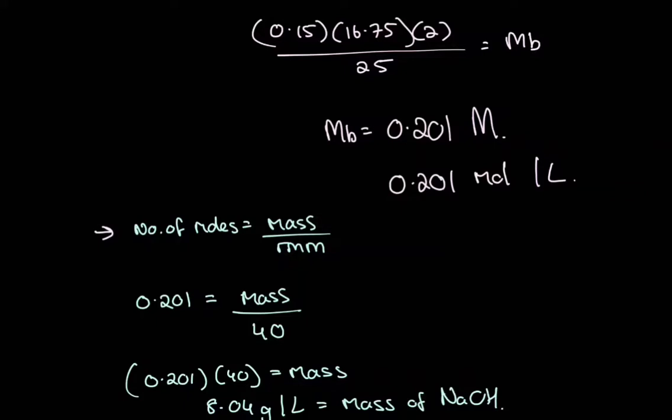So what I'm going to do is take that 8.04 and divide it by 4 to see how many grams I would have in 250 centimetres cubed only. And I'll get 2.01 grams into 250.